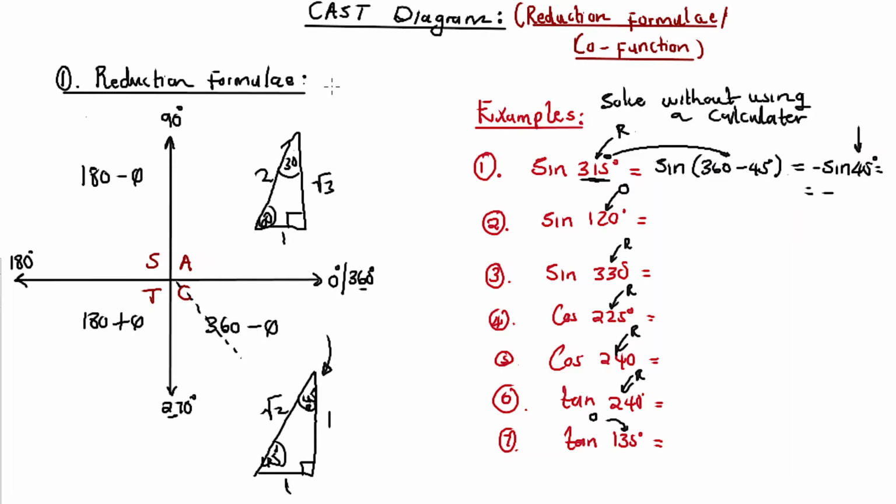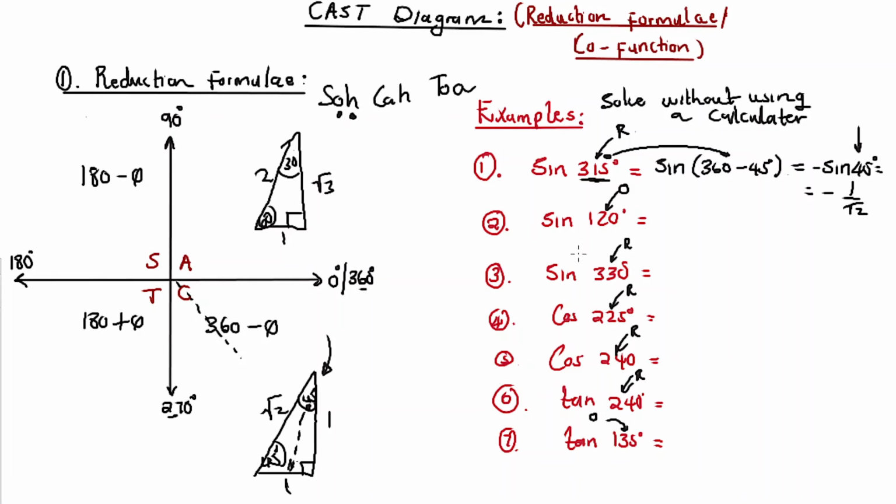According to SOHCAHTOA, sine is opposite over hypotenuse. So it's going to be a minus opposite, which is 1, over hypotenuse, square root 2.